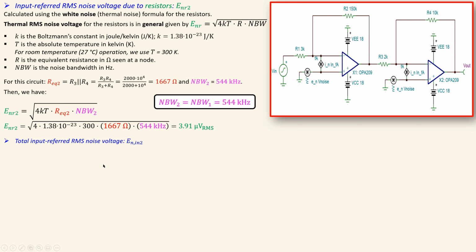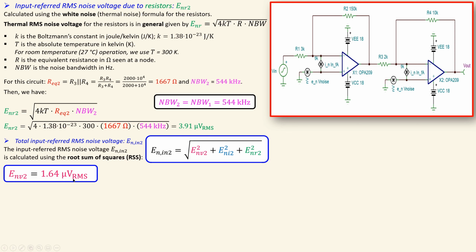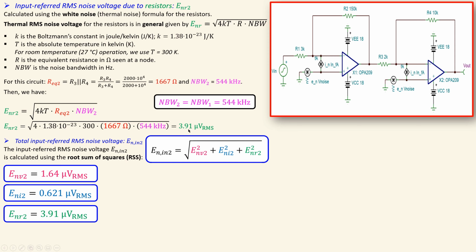Okay, we now have the necessary elements to calculate the input referred RMS noise voltage due to the second stage at the input. That is again calculated using the root sum of squares. This is the formula. We need, of course, these elements. We already calculated the first one, due to that noise voltage source, which was 1.64 microvolts RMS. Now, due to that current source, which was calculated 0.621 microvolts, and due to the resistors, we just calculated 3.91 microvolts RMS.